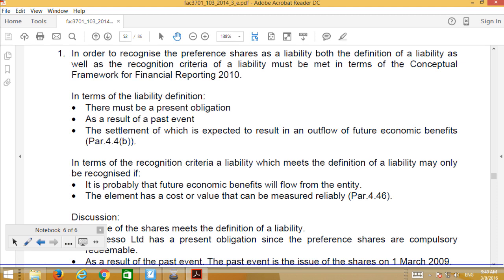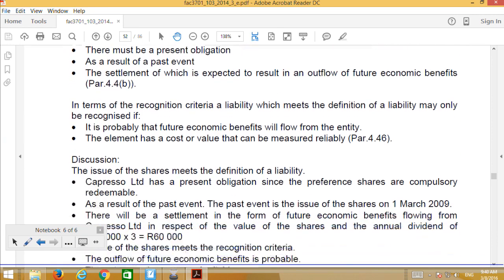But it starts with the facts of the question. In order to recognize the preference shares as a liability, it must meet definition and recognition. There's the theory, definition criteria, recognition criteria of the framework. Then the discussion, the application.